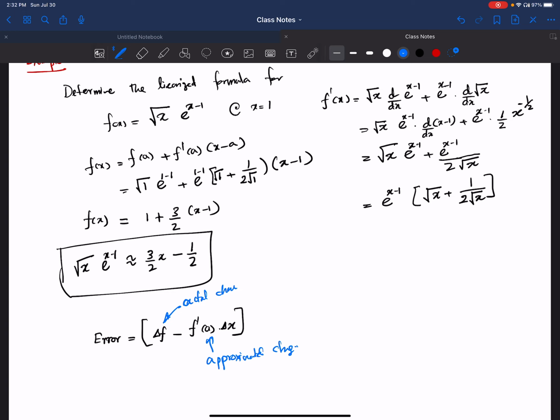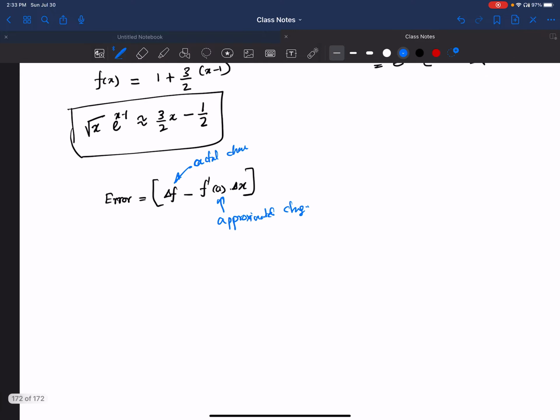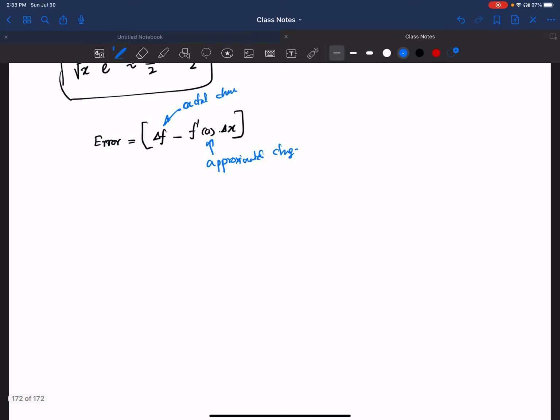And sometimes in differential calculus, you can put delta f approximately equal to f prime of a delta x, and this is actually delta f is equal to delta y, right? And that's equal to f prime of a delta x.